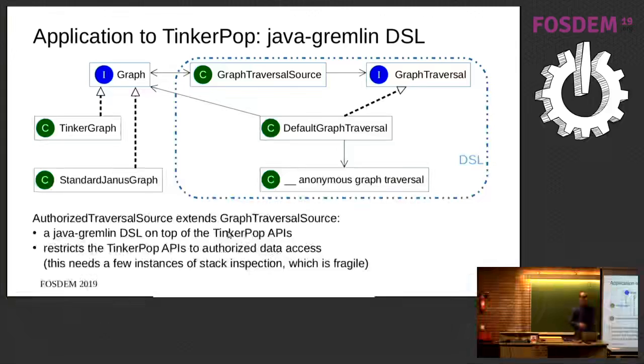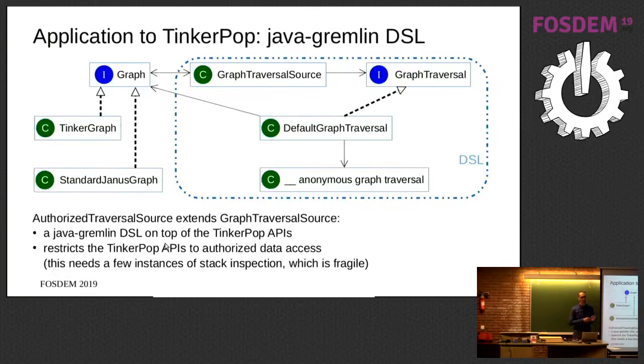Then we get an authorized Java Gremlin DSL on top of the existing TinkerPop APIs. And this does two things. It filters the data that comes back from the graph database, and it restricts the API, because the API gives you all kinds of opportunities to circumvent the filtering. And while doing this, you see that it is very straightforward.